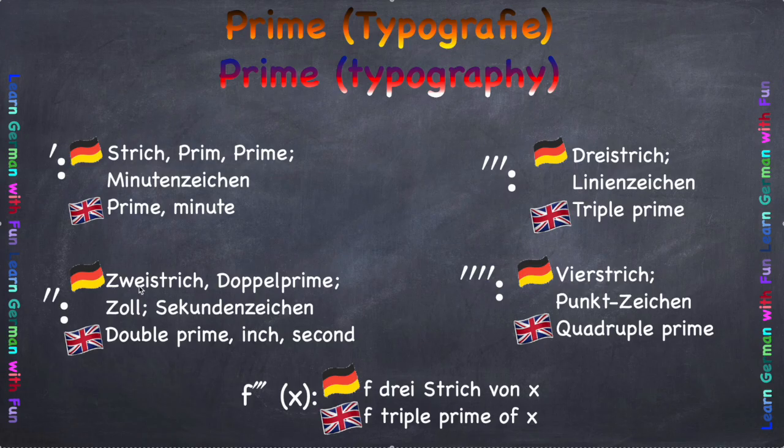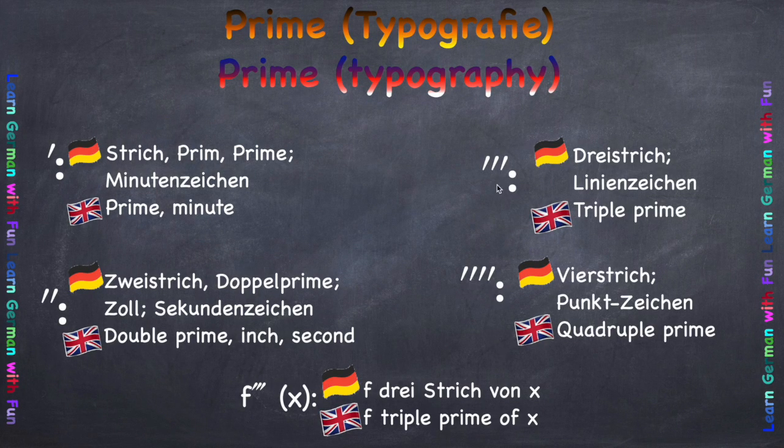This sign is Zweistrich oder Doppelprime, Zoll, Sekundenzeichen, in English, double prime. Zoll is inch in English. Sekundenzeichen, dealing with time, second.